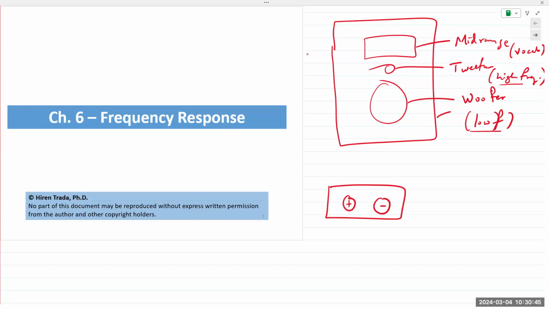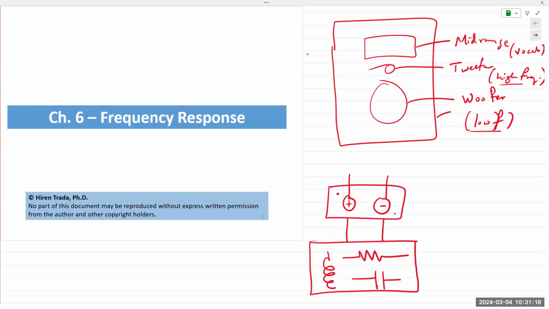So what is happening is, if you open up the back of this connector, it's easy to do. There are just a couple of screws, and you remove it, you'll see that when the two wires go in, it goes to a circuit box. And there's a circuit inside. That circuit, depending on how expensive this box is, the design and the build quality and the components being used, will have several inductors, resistors, and some big capacitors.